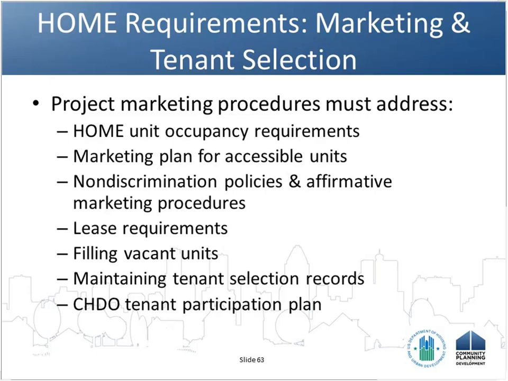So keep in mind, the HOME program requires that you have some procedures that relate to the occupancy requirements. We're going to be talking specifically about the marketing on accessible units.